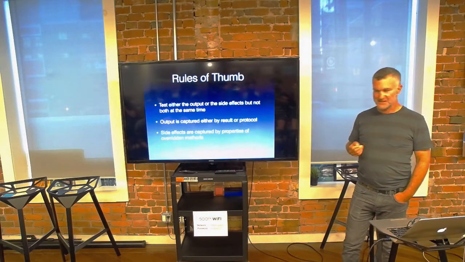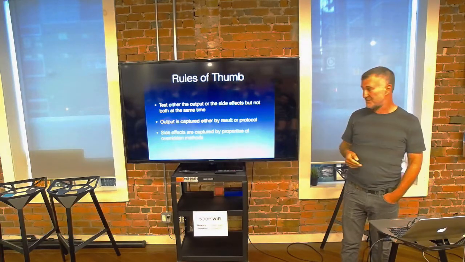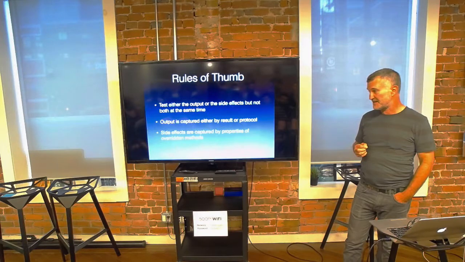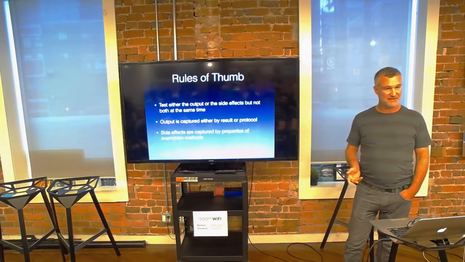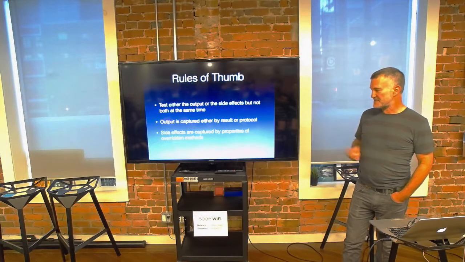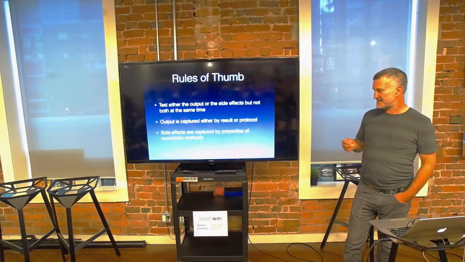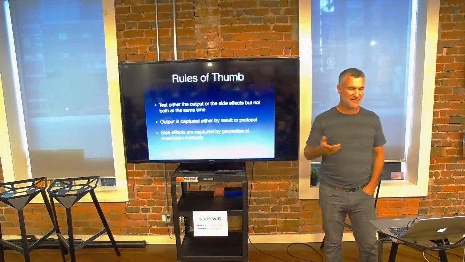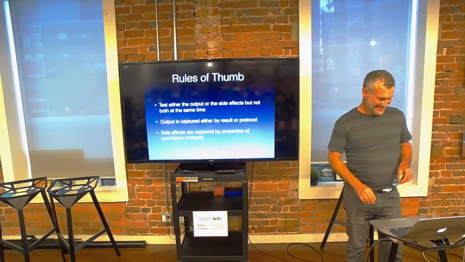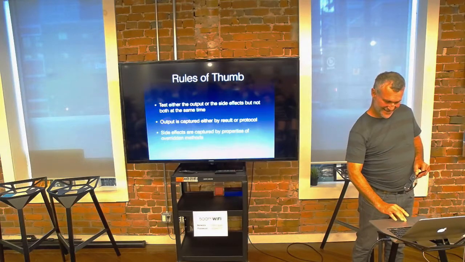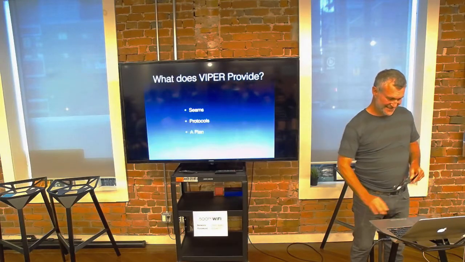A protocol is used when you're passing data to another layer. We'll talk more about that later. Side effects are captured by properties of overridden methods. There's names for these kinds of things, stubs and mocks. Frankly, every time I read the difference, I still can't figure it out. So don't even ask. But you'll see what I mean later.